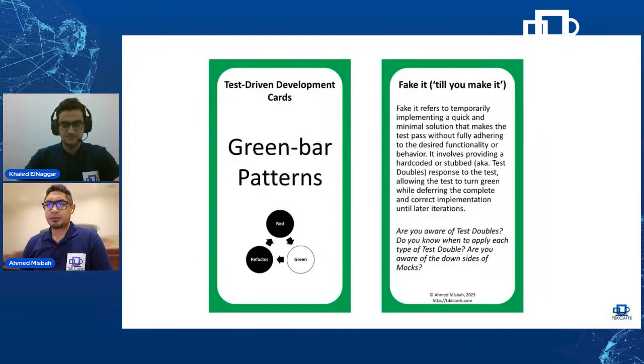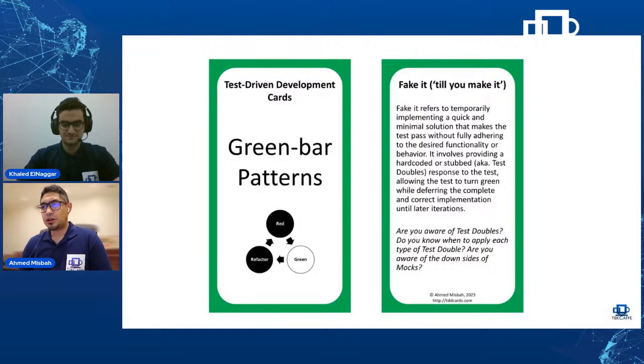So one of the mistakes that a lot of teams make when they're practicing TDD is that TDD turns out to be just red, green, red, green, red, green, and there's no refactor in that process.